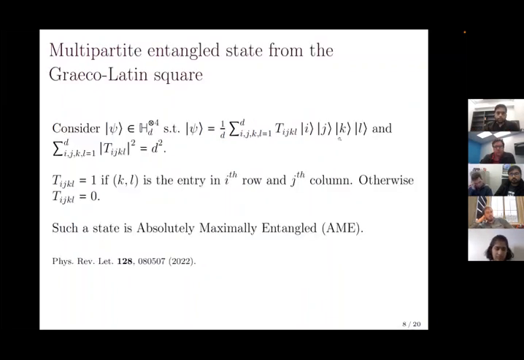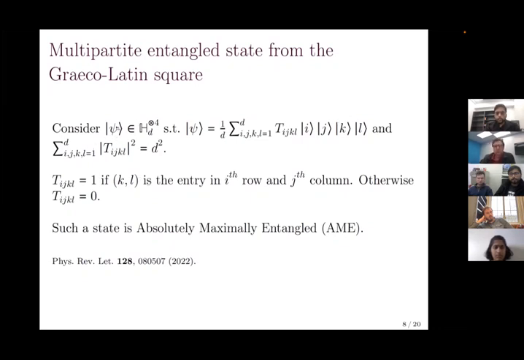And you can use this Greco-Latin square that I showed, that orthogonal Latin square, to construct a multipartite entangled state. So this is looking at the problem from a different direction.